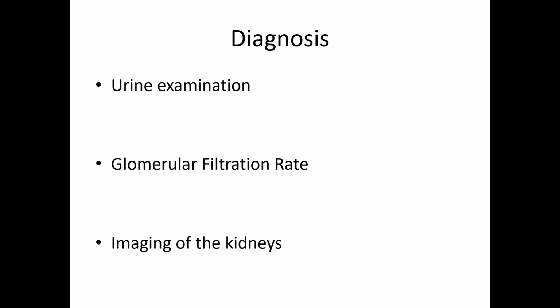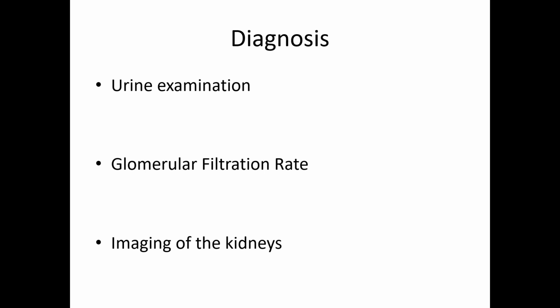To diagnose chronic kidney disease, you need 3 parameters. First, urine examination for albuminuria, or some evidence of casts. In patients with chronic kidney disease, you get broad casts, because they come from the hypertrophied nephron tubules.